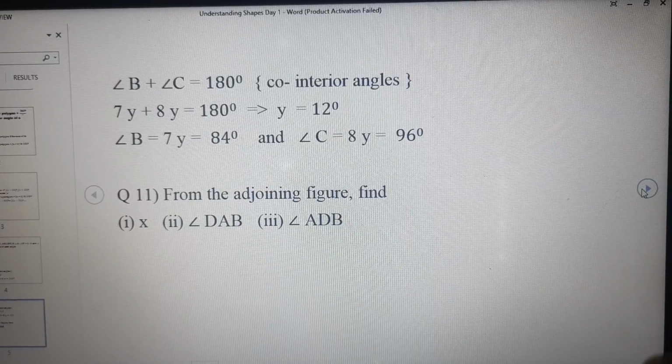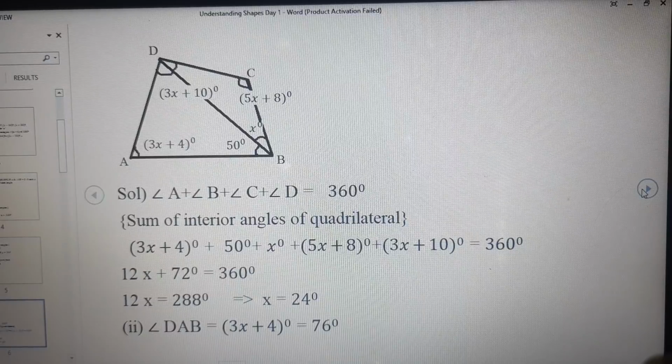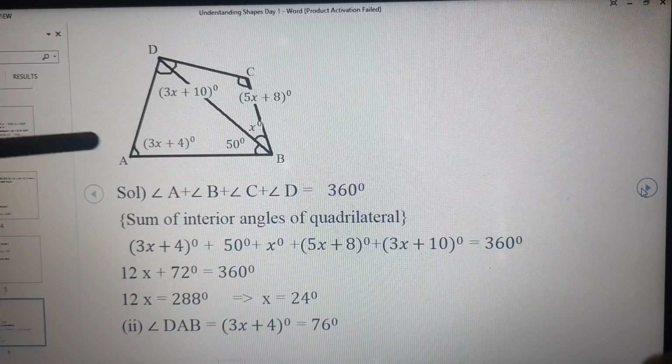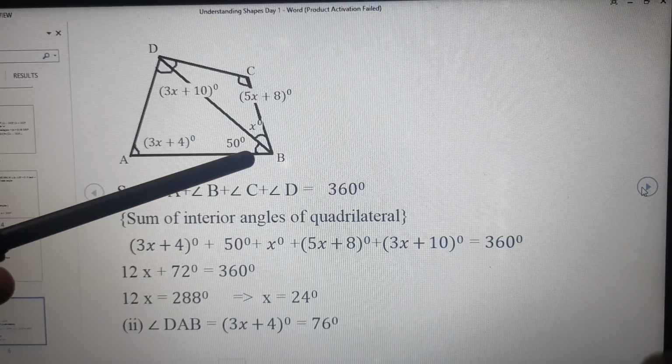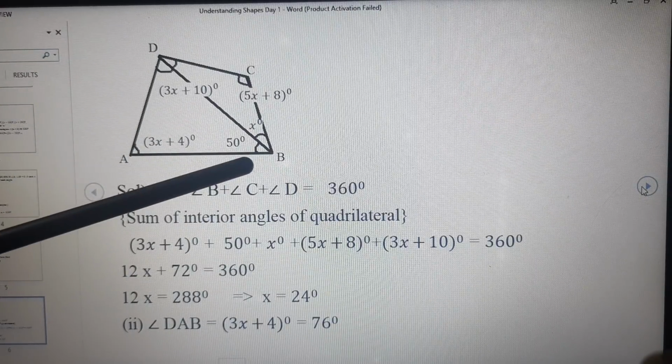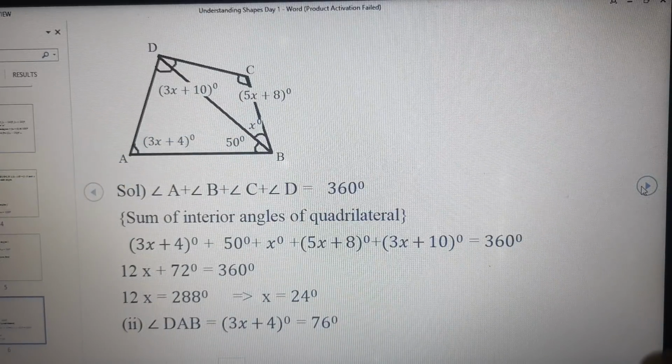Now question number 11 is very important because a diagram has been given in the question. ABCD is a quadrilateral. Complete angle A is 3x plus 4 degrees. Angle B has been divided in two parts. One part is 50 degrees, the other part is x.